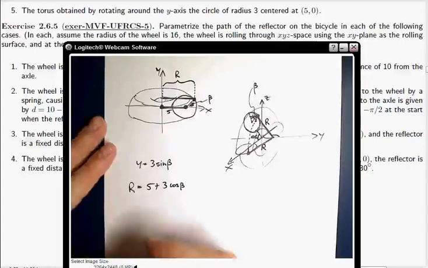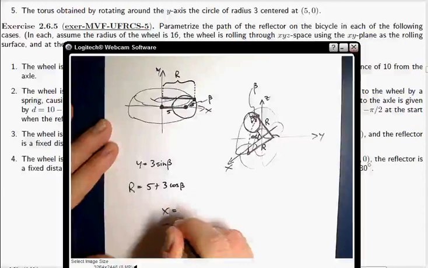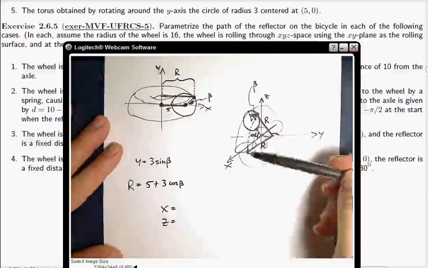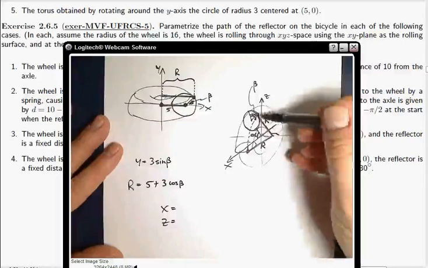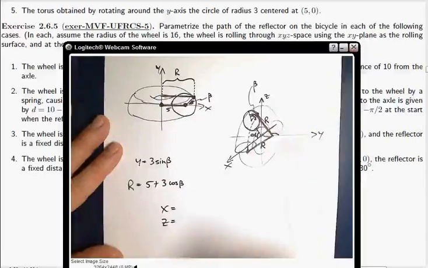And then x and z conveniently are going to be pretty easy to write down once you have that R. X, for this point up here, is just going to be that R times the cosine of alpha.